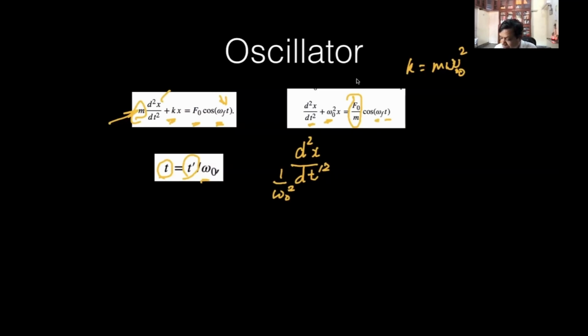I don't want to write 1 by omega naught square, I'll just push it up, omega naught square. So t is now replaced by t prime, and I have omega naught square.